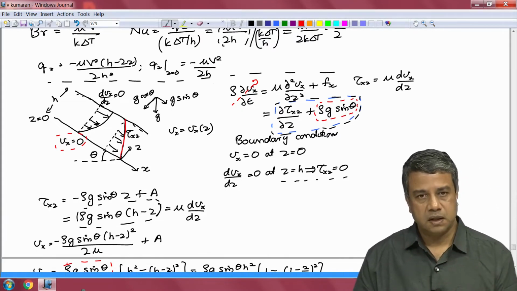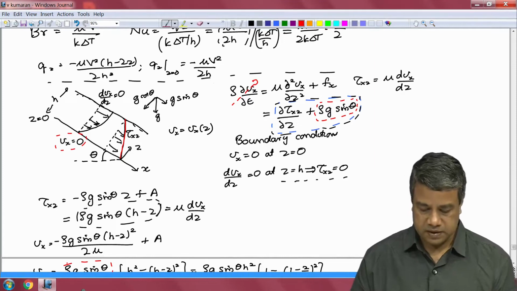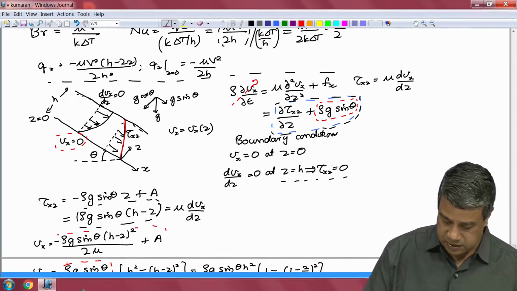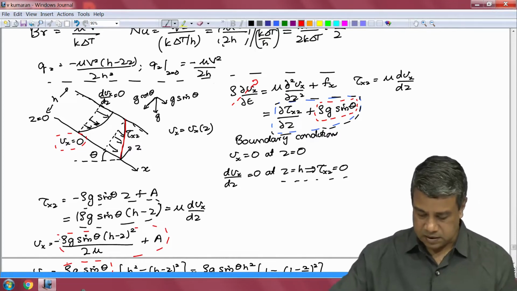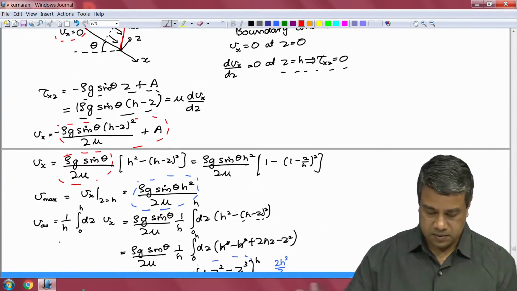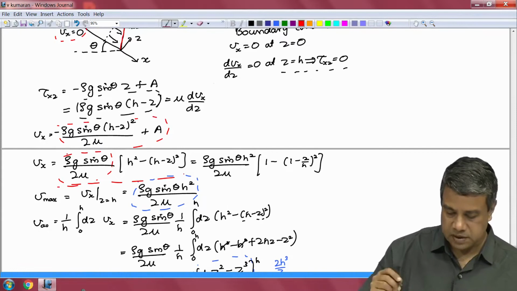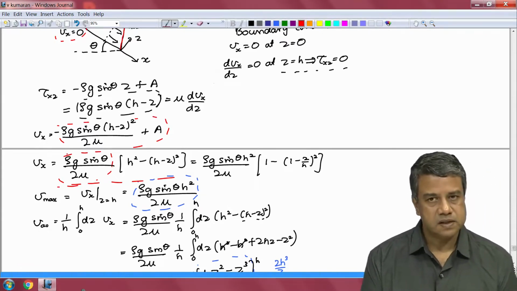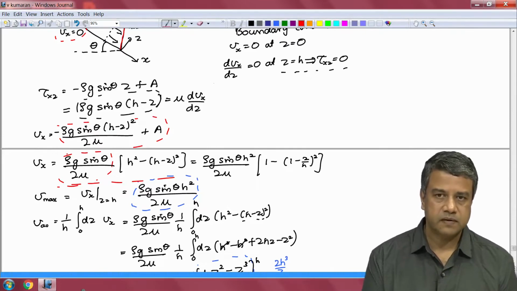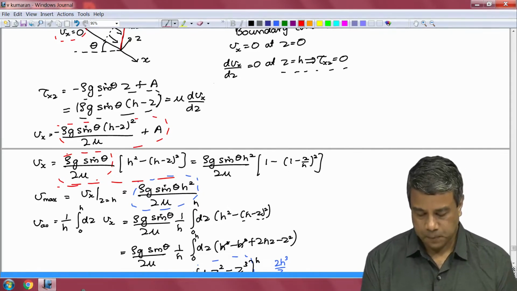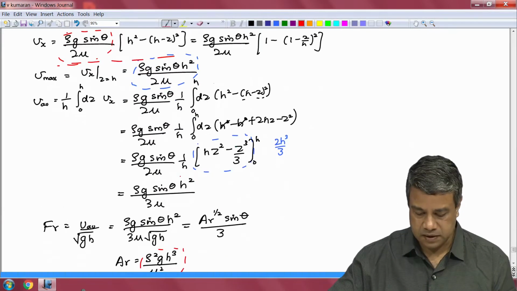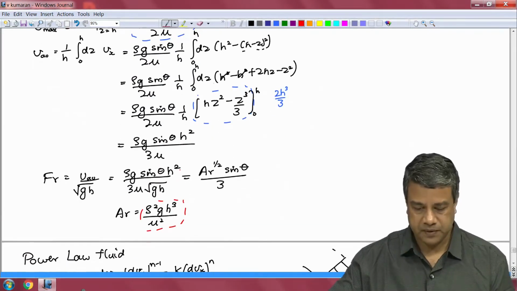And if we assume Newton's law for viscosity, we can then find the velocity profile subject to boundary conditions, the maximum velocity, the average velocity and so on, and from that we can find the correlation for the Froude number, the ratio of inertia and gravitational acceleration.